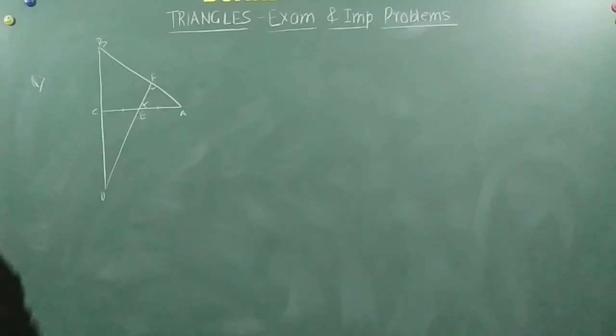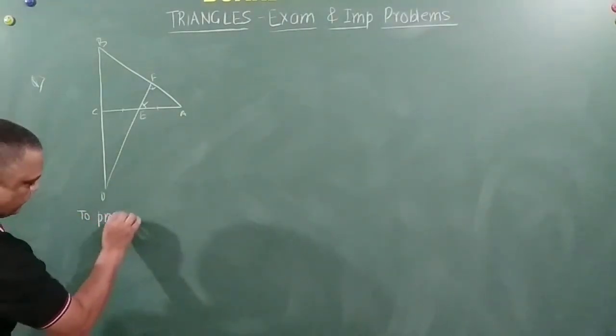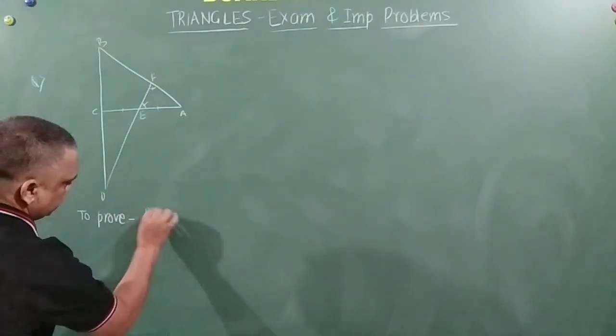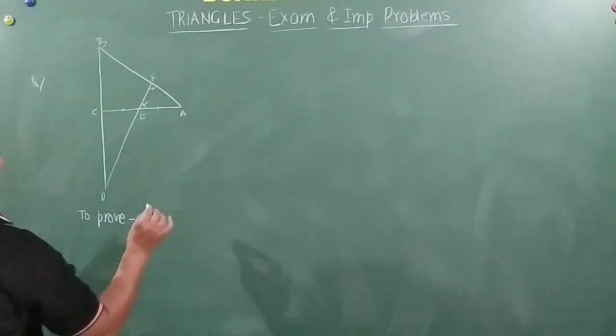These two are given. Right, friends? So now prove that BD by CD is equal to BF by CE.